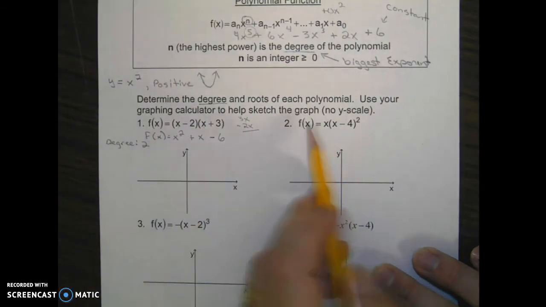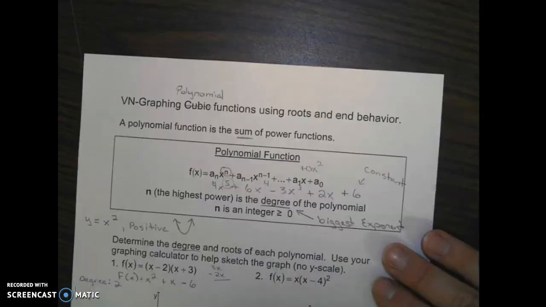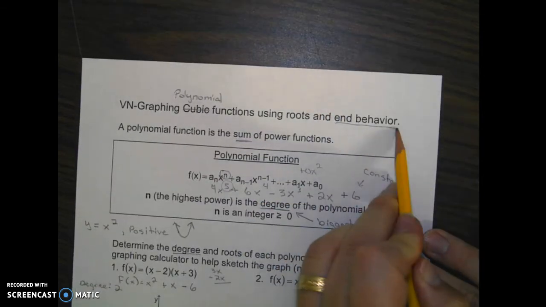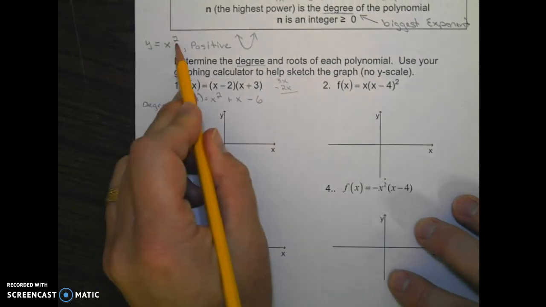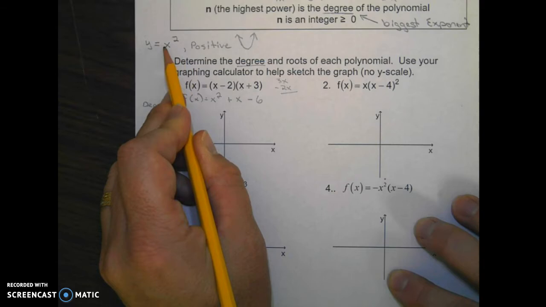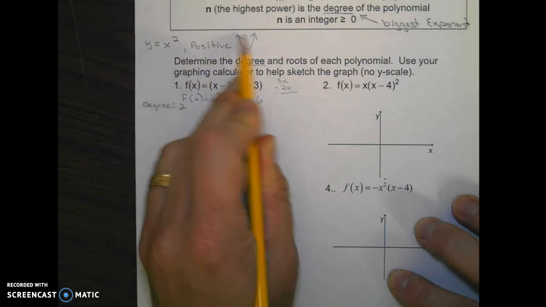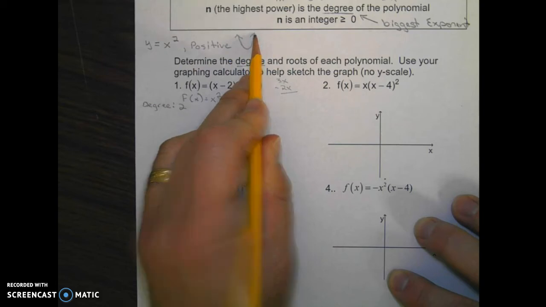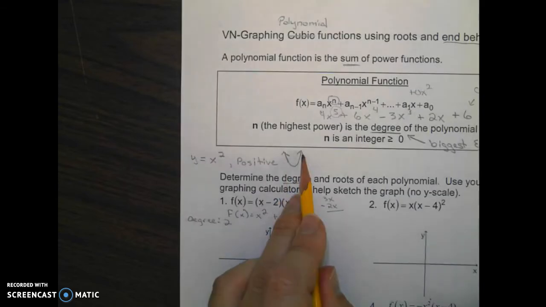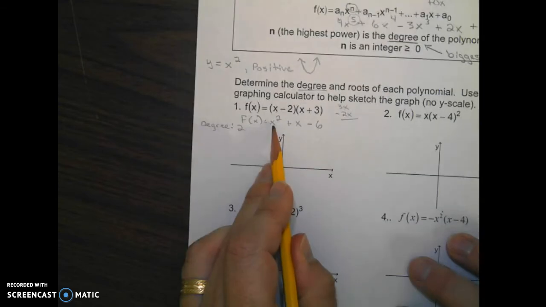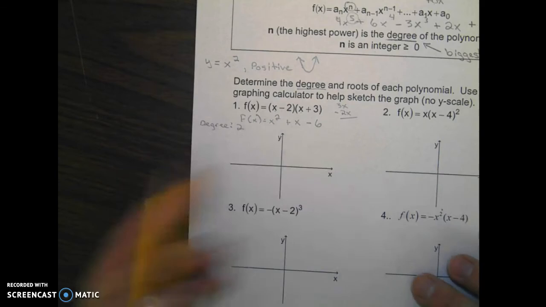So when we're talking about end behavior, you have to look at the degree, go to the parent for that degree, and if the leading coefficient is positive, then it's going to be opening up on the ends. So we know that this function is going to open up on the ends because it's positive x squared. The leading coefficient is 1.